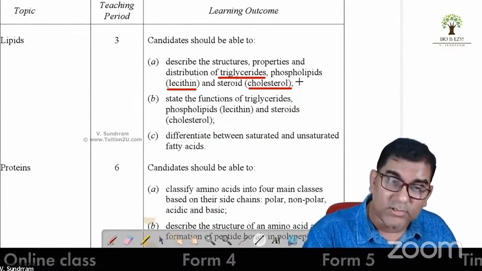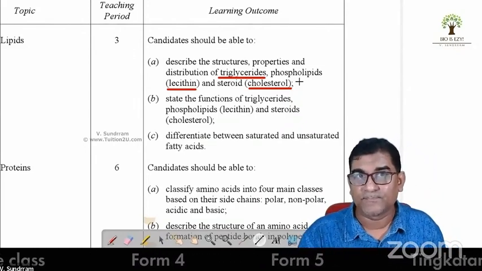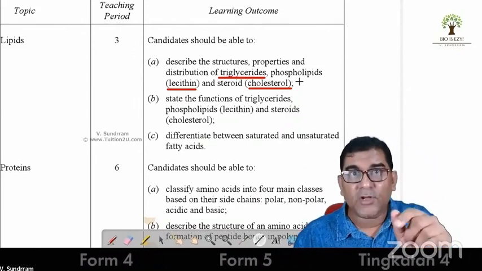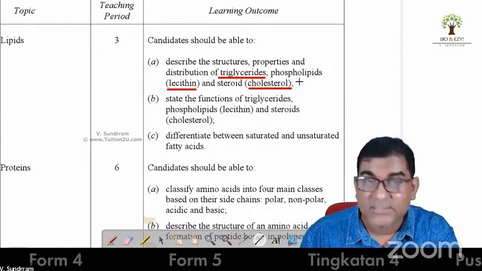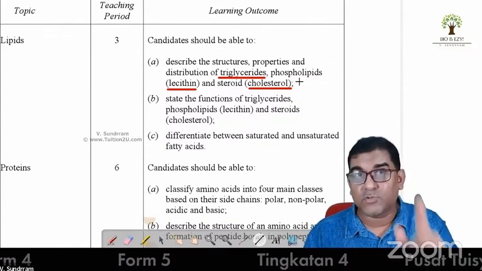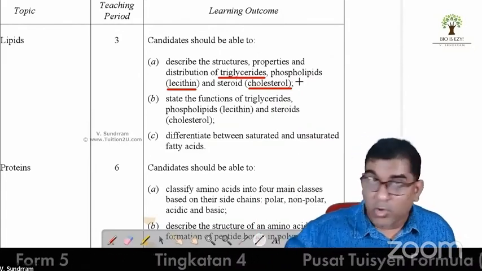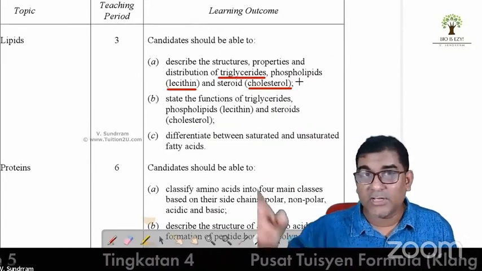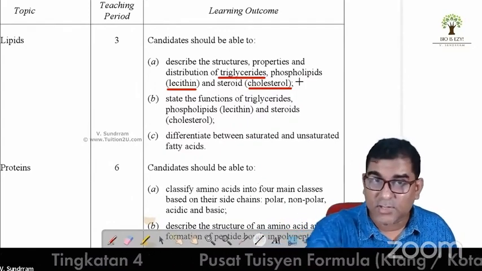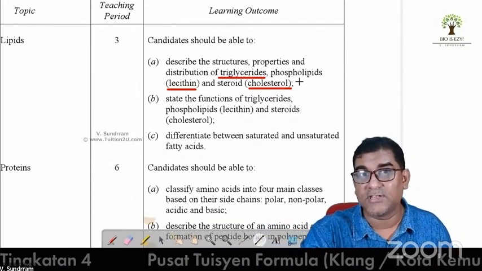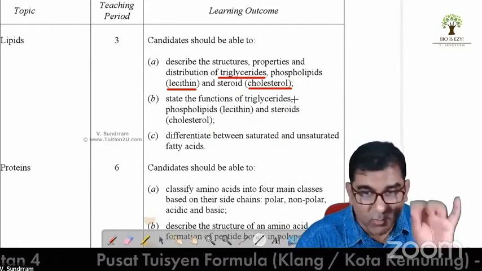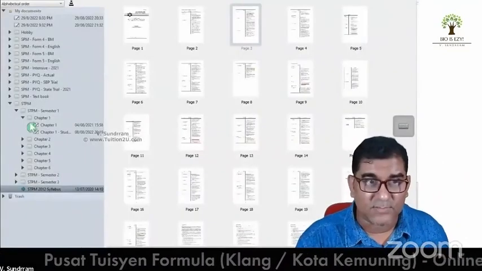You must know the diagram of cholesterol. Phospholipid has many types. The syllabus mentions lecithin. You must know how to draw lecithin. Exam question will be draw lecithin, draw cholesterol. They're not going to ask you to draw testosterone because it's not in the syllabus. Penting, follow the syllabus. Your life becomes easier.